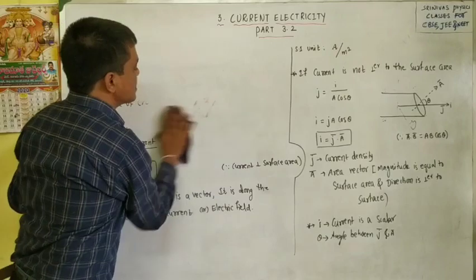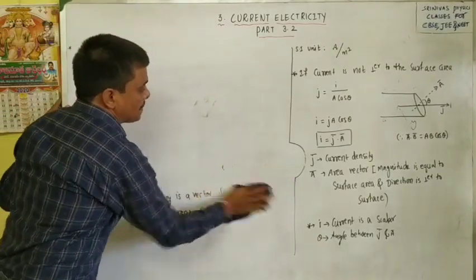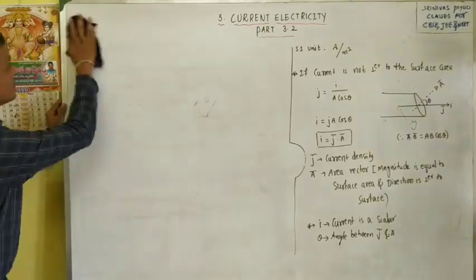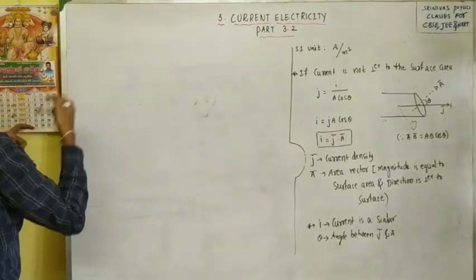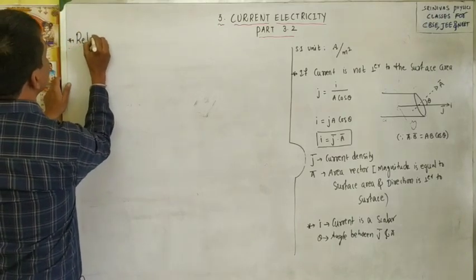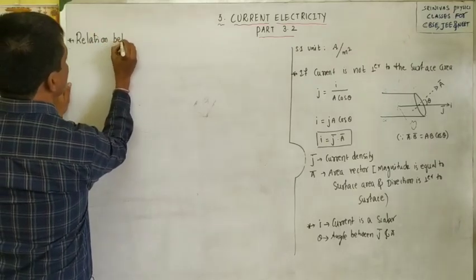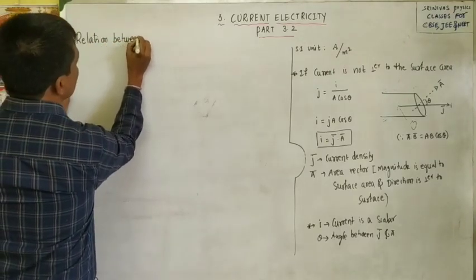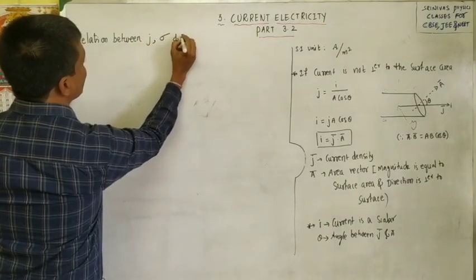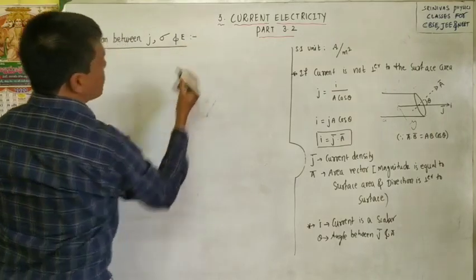The next topic is the relation between J, sigma and E. What is the relation that I am going to derive?